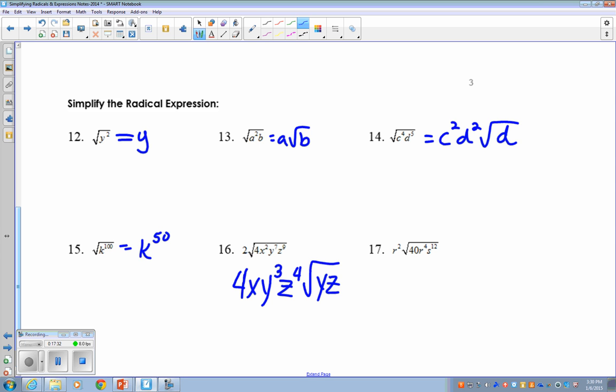All right, r to the second is already on the outside. We want to factor the 40. What can I do for 40? 4 times 10. Yep. So we have 4 and a 10, and then we have all this other stuff. So the perfect squares come out. So we have 2, and then r. R to the what?